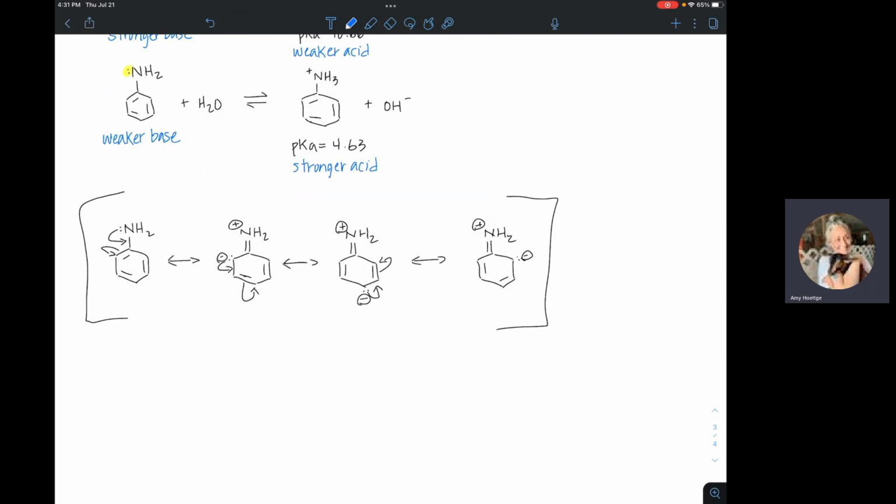So there are no resonance structures on alkylamines. So in other words, aliphatic, like cyclohexylamine.